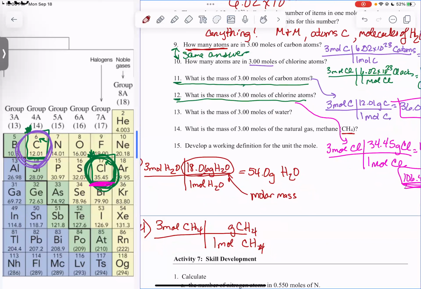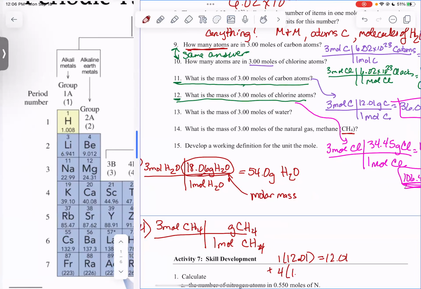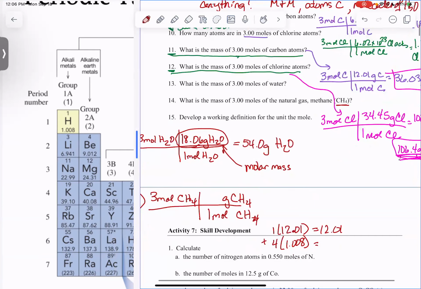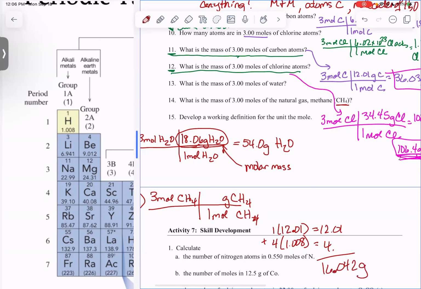And so I would say, okay, carbon, I have 1 carbon. Carbon is 12.01. So that's 12.01 plus I have 4 hydrogens. My hydrogen, if I come over here, is 1.008. Okay, so if I multiply those together and I add them up, I get 16.042 grams.